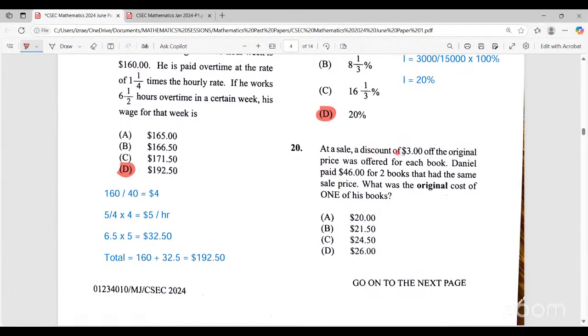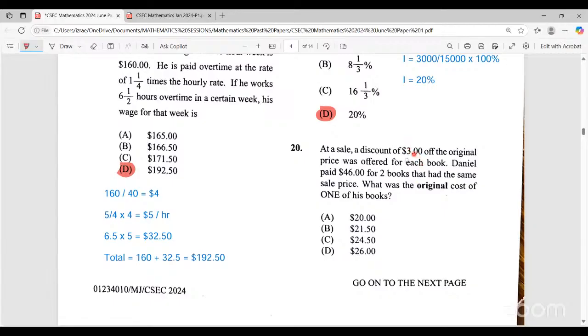Number 20. At a sale, a discount of $3 off the original price was offered for each book. Daniel paid $46 for 2 books. That means it's $23 for 1, with the same sales price. What was the original cost of one of the books? 46 divided by 2 is 23, and that had a discount of $3 off.